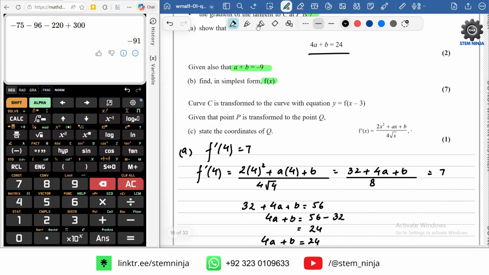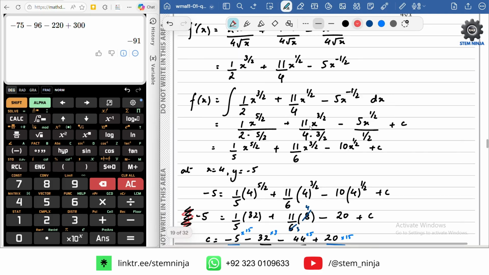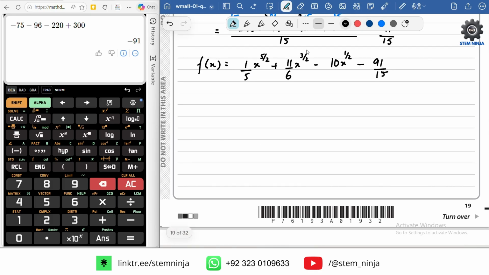Okay, so the curve C is transformed to the curve with the equation y equals f of x minus 3. So basically this is a translation by (3, 0). Given that the point P is transformed to the point Q, state the coordinates of Q. So we just need to rewrite what we just said. f of x minus 3 is a translation by (3, 0).